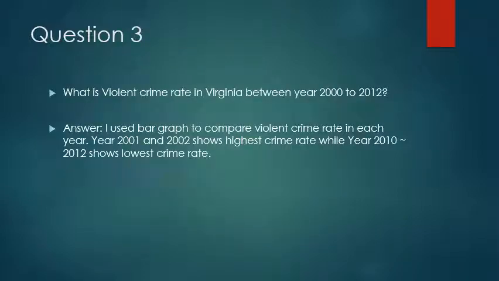And question three is, what is the violent crime rate in Virginia between year 2000 to 2012? And the answer is, I use a bar graph to compare violent crime rate in each year.